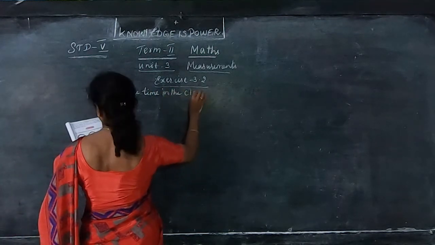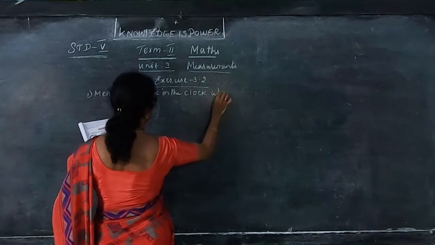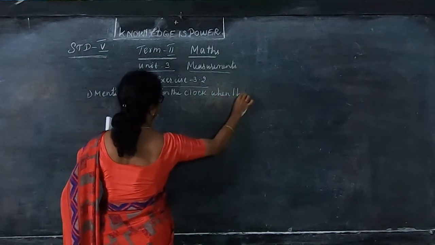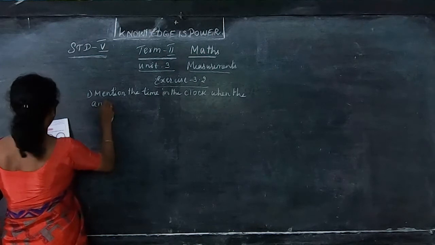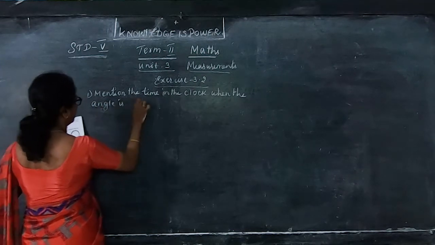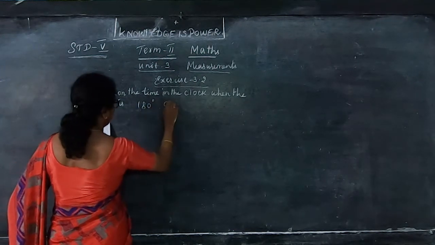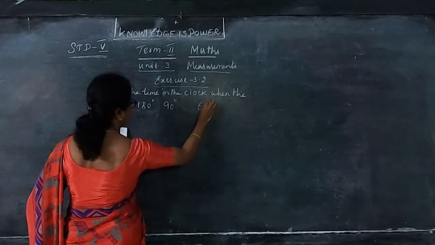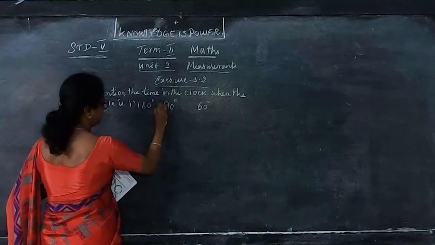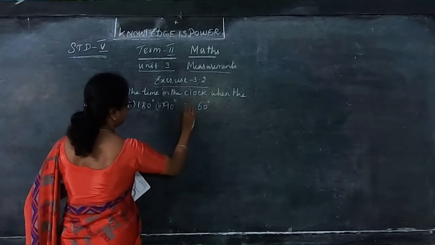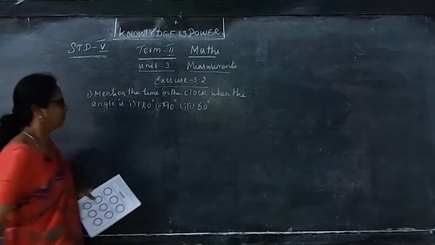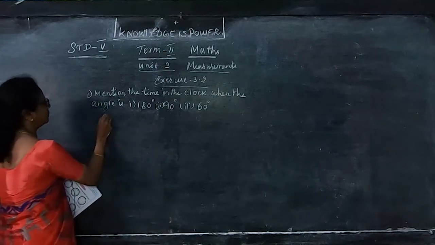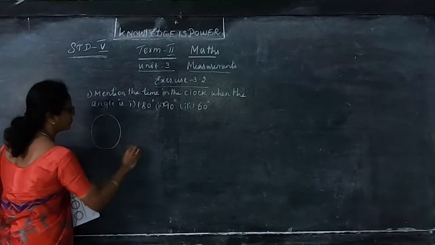What will be the time when the angle is 180 degree, 90 degree and 60 degree. That is the first sum, second one and third one. Okay. So you have to draw the clock. What's the problem here?